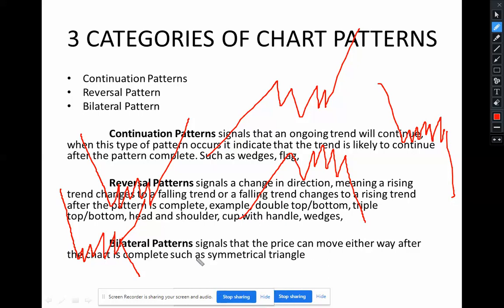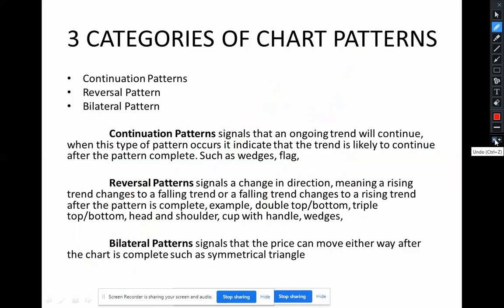Okay, so we only have that as a symmetrical triangle. When a symmetrical triangle forms, we don't know where the market will head to. That is why we say it signals that the price can move either way after the chart pattern is complete, such as a symmetrical triangle.